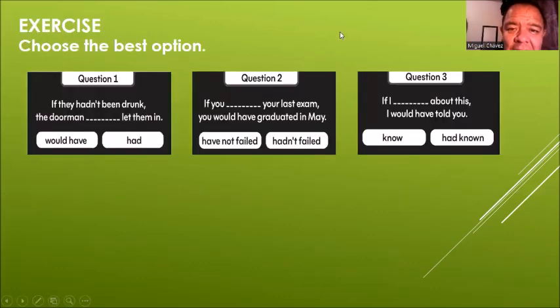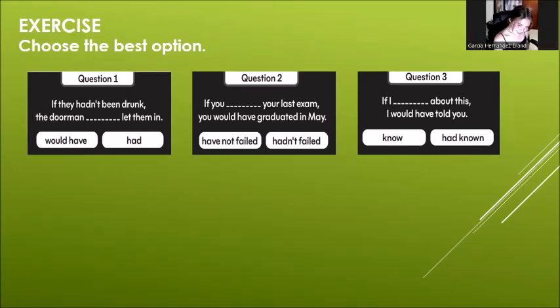Let's see if we understand more or less the form of this conditional. Remember, after if, we are going to use the past perfect and then the perfect conditional: would have, might have, or could have, followed by the past participle. Please, a volunteer to complete the first question.